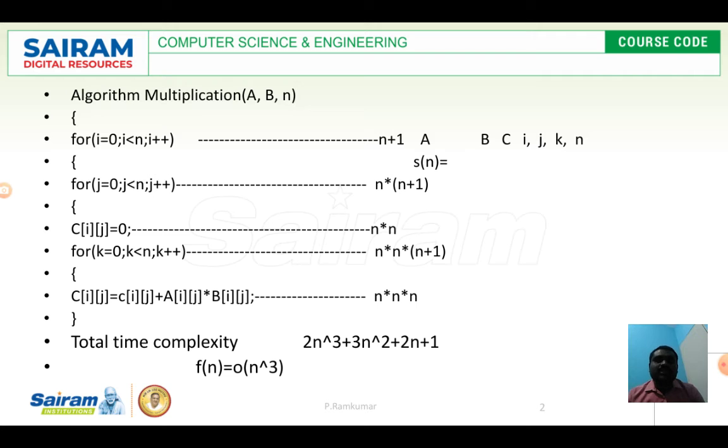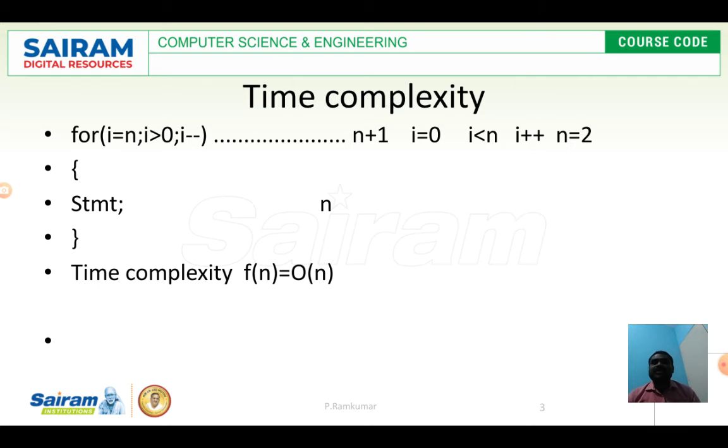A requires n square, B requires n square, C requires n square. i requires 1 unit space, j requires 1 unit space, k requires 1 unit space, n also requires 1 unit space. So the total space complexity is 3n square plus 4. Now, in terms of a polynomial, the complexity is big O of n square. This is the way we find the time and space complexity.